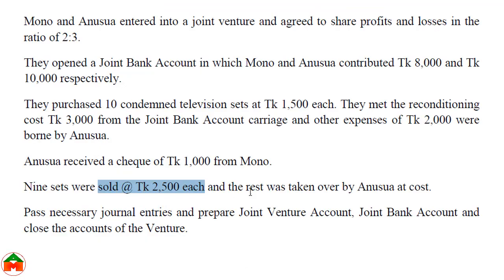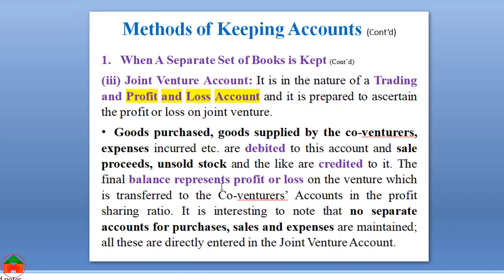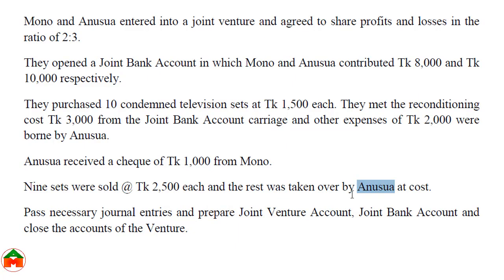And there is information that out of 10 television sets, 9 were sold, but there is another one that is taken by Anusha at cost. Since the unsold stock is taken by Anusha, and from the initial discussion we have learned that whenever there is unsold stock, we have to show the joint venture account in the credit. The unsold television is taken by Anusha.